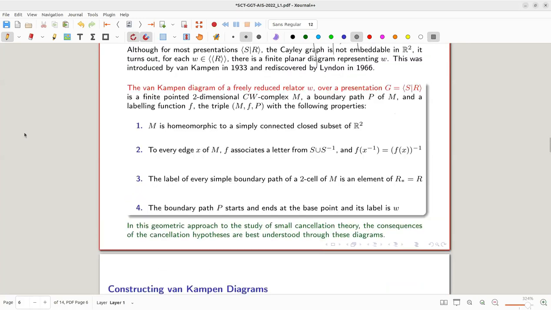So anyway, a Van Kampen diagram of a freely reduced relator. Freely reduced, we understand what?